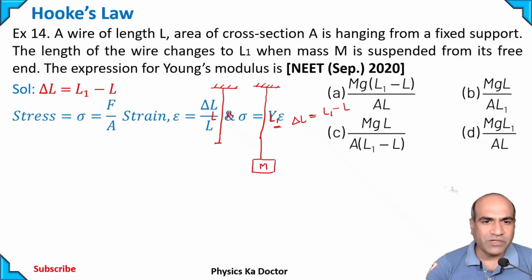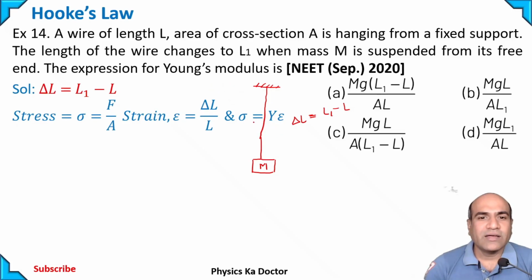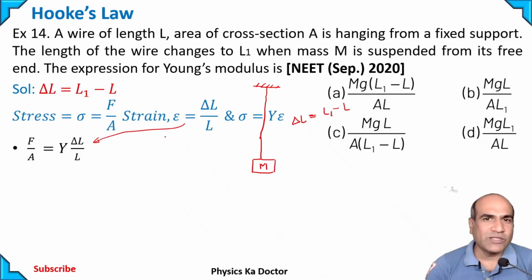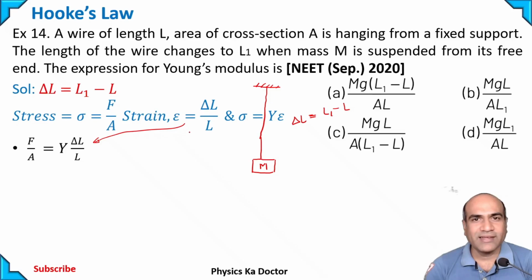And we know all these equations. Stress is equal to F by A. Strain is equal to delta L by L. Sigma is equal to Y multiplied by epsilon. Let's put the values here. Sigma is equal to F by A and epsilon is equal to delta L by L. Now I think this becomes very simple.